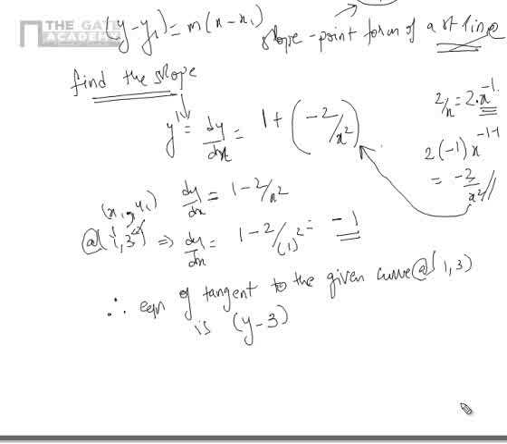So 1 is x1 and 3 is y1. y minus y1 is equal to m, which we have found, into x minus x1. On simplification, we get y is equal to minus x plus 4. This is the solution.